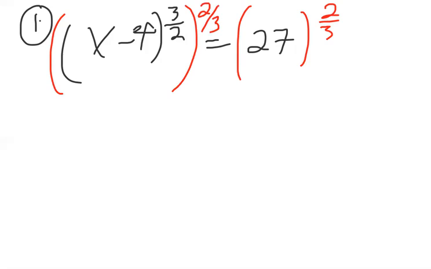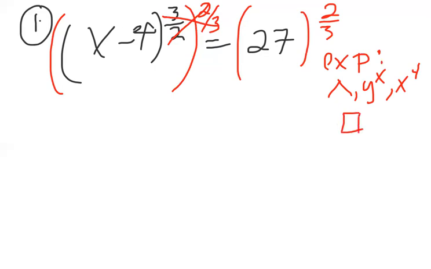On your calculator, you're going to take 27 and raise it to the 2/3 power. By the way, the exponent key is the caret. On some calculators, you might have y to the x or x to the y. It just depends on your calculator. So type it into your calculator, guys, to get the answer.